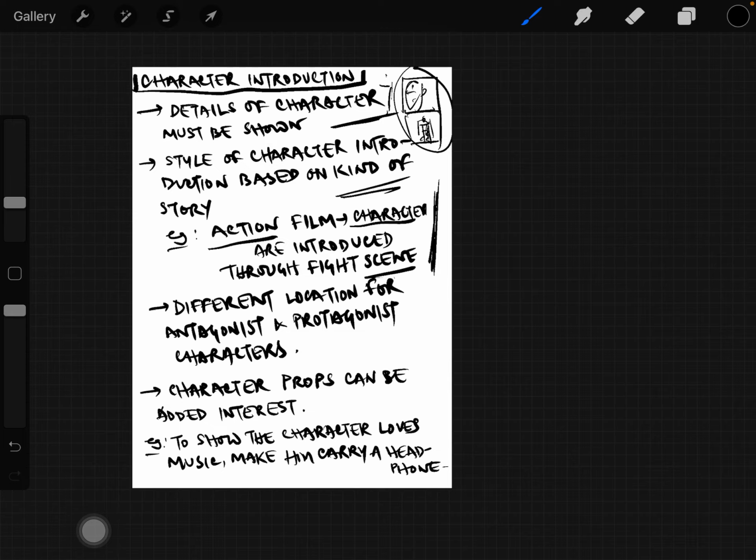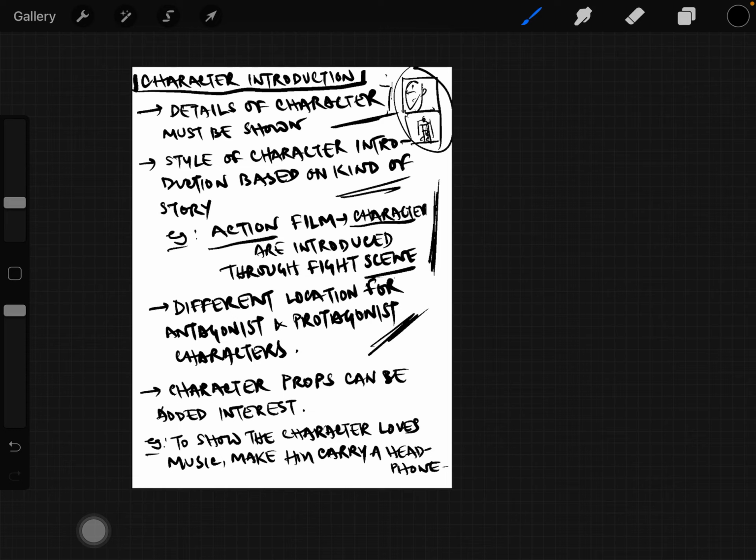But if a film is all about confusion, right, we are not understanding what is happening, who the character is, why suddenly that character came, then it's not a very good film. Okay, so in whatever way you want to show the character's first introduction, that should be done in a very, very proper way.